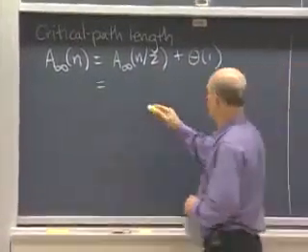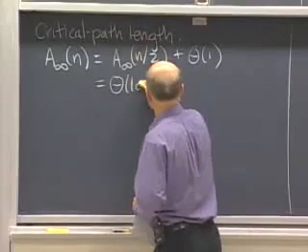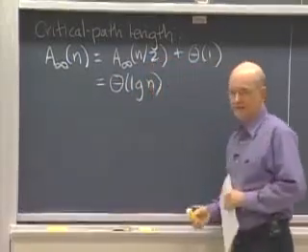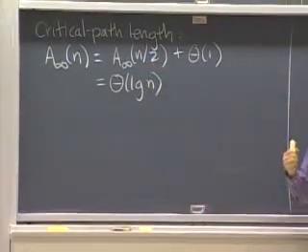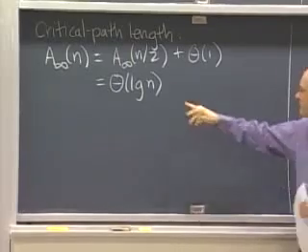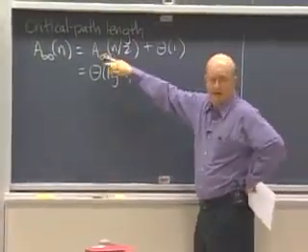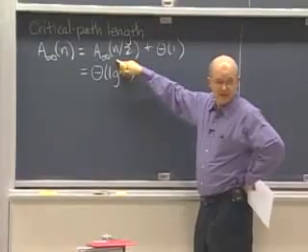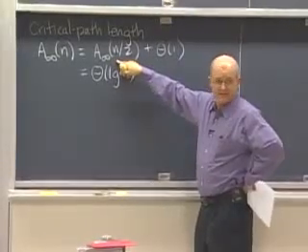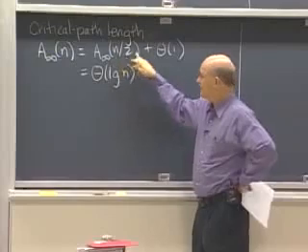That's theta log n. Once again, master theorem case 2, because we compare n to the log base 2 of 1, which is n to the 0, which is 1, with the 1 on this side.